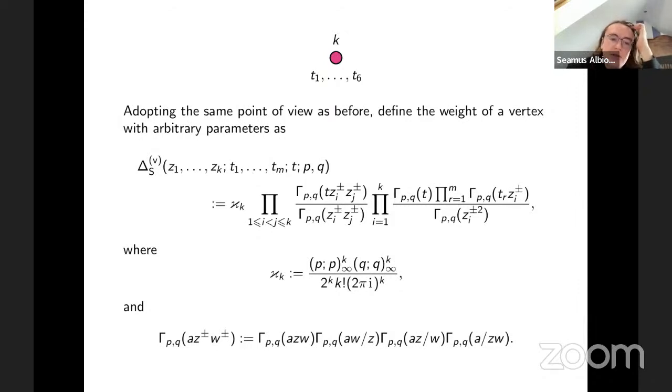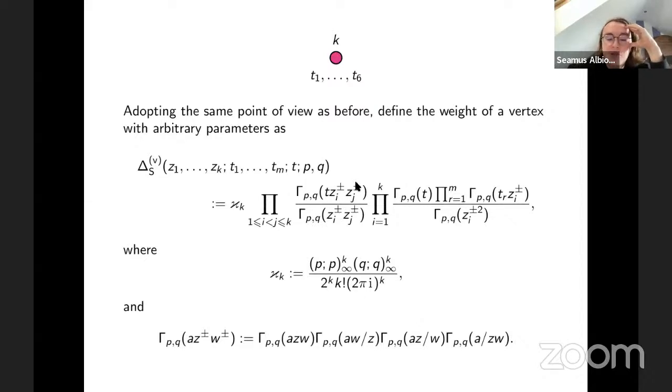Okay, so I also have this funny prefactor, which is just the k deformation of the prefactor I had before. And then I have some more general plus minus notation. If I have a product of things with plus minus, then I take all possible combinations, so a z w, a w over z, and so forth. That's what I'm using in this Vandermonde product here.